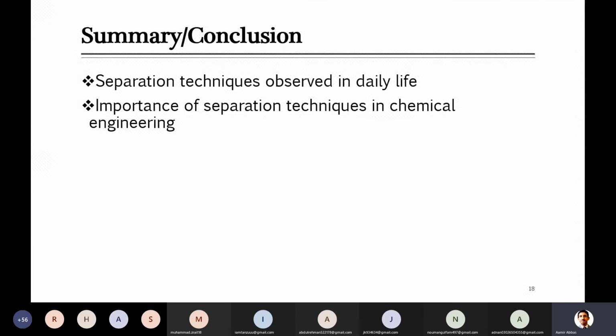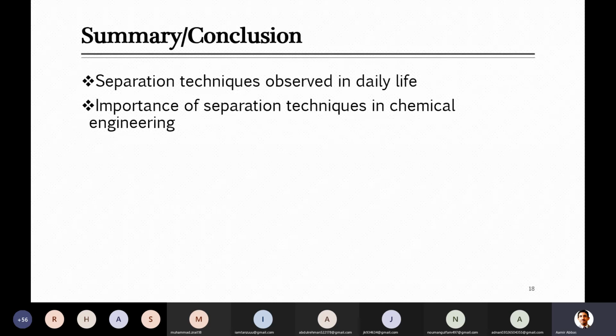So we are done with this overall. In this lecture, if I summarize, we discussed separation techniques by observing daily life examples, and we tried to link them with the separation techniques which we will be studying, so that you can get some idea about how those separations take place, or how the phenomena take place, and how the conditions which we observe in daily life also affect things on an industrial scale.